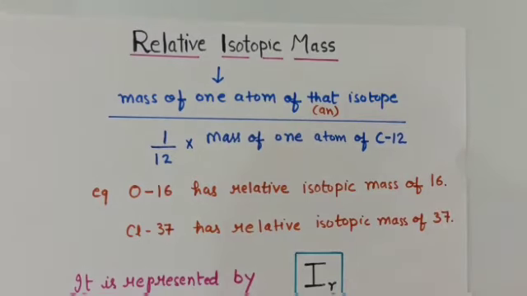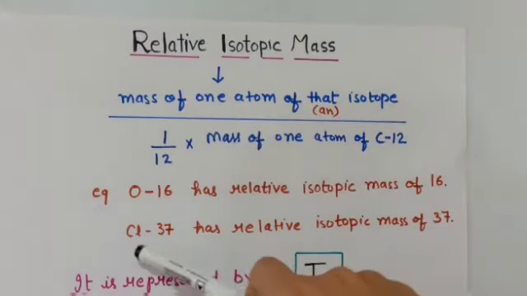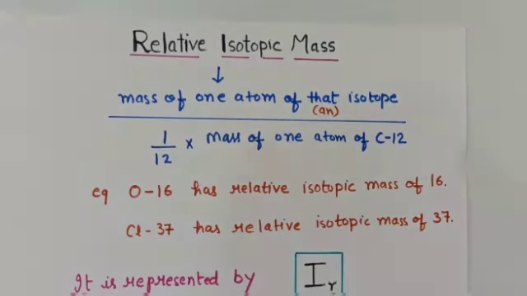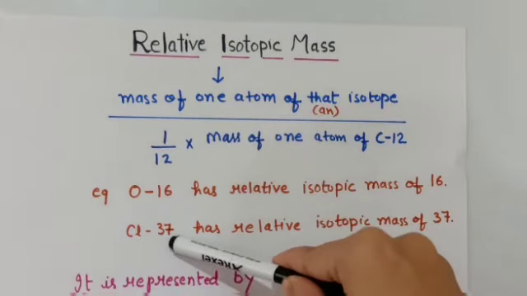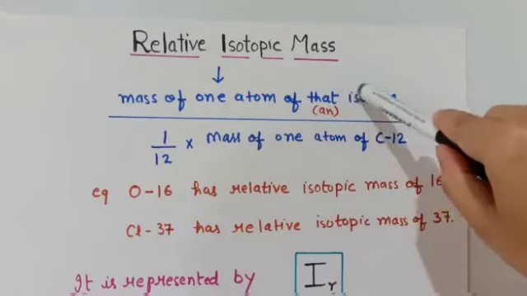In the same way, I told you chlorine has two isotopes, isotope 35 and isotope 37. So if we calculate the relative isotopic mass of chlorine 37, then what do we have to put? We have to put 37.